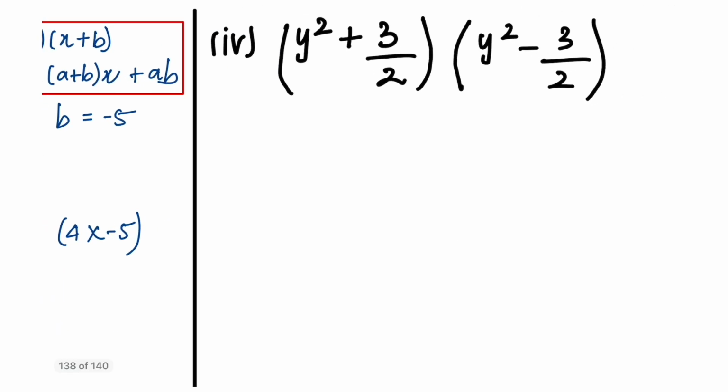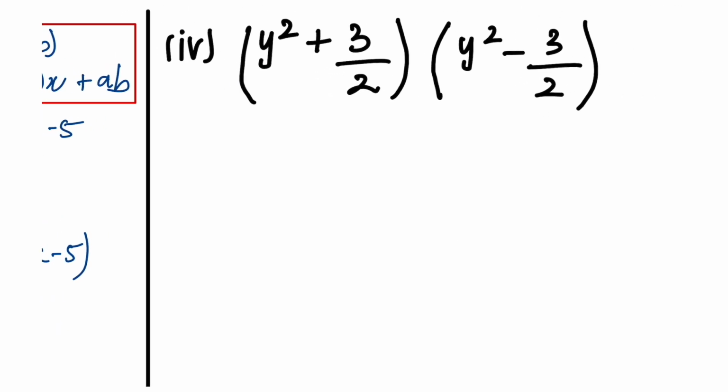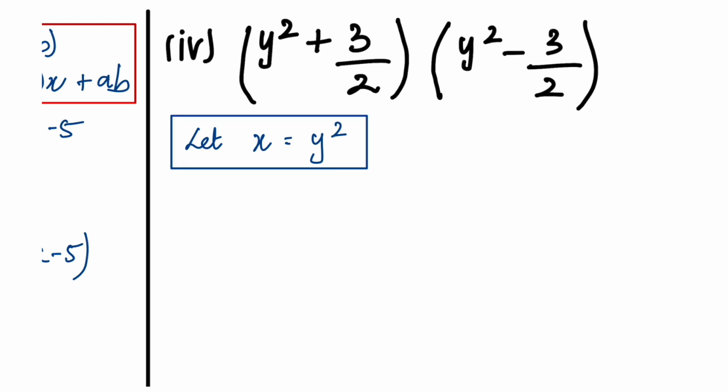Moving on to the next subdivision, it's (y squared plus 3 by 2) into (y squared minus 3 by 2). Now, let us assume x is equal to y squared. Just an assumption. So this can be rewritten as (x plus 3 by 2) into (x minus 3 by 2), right?